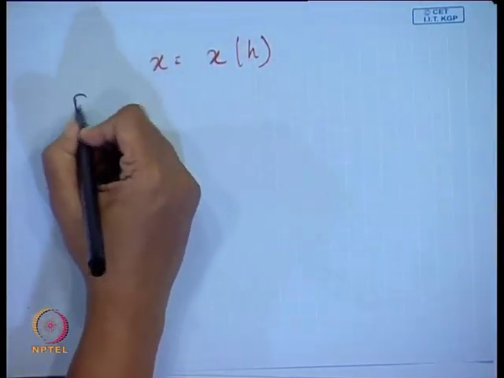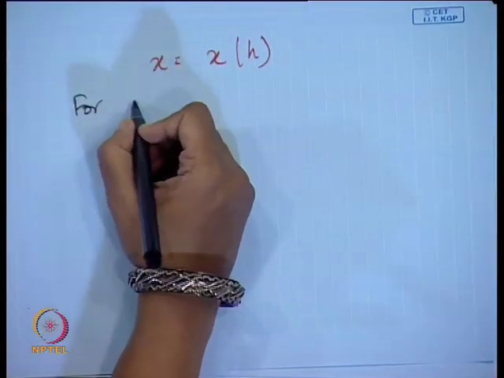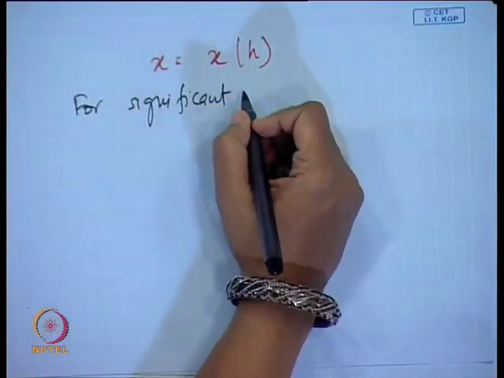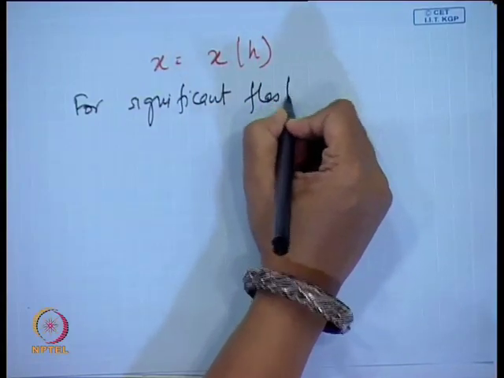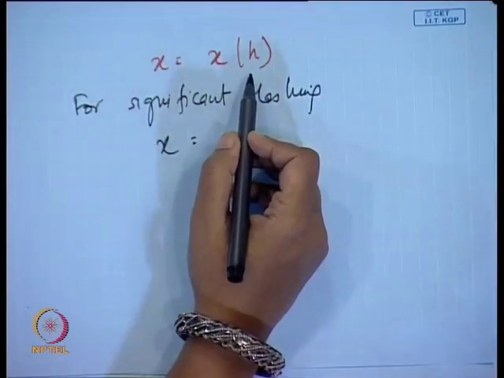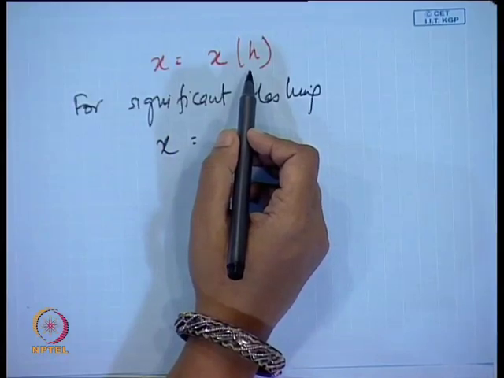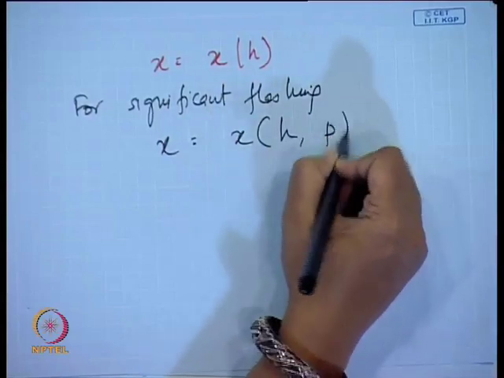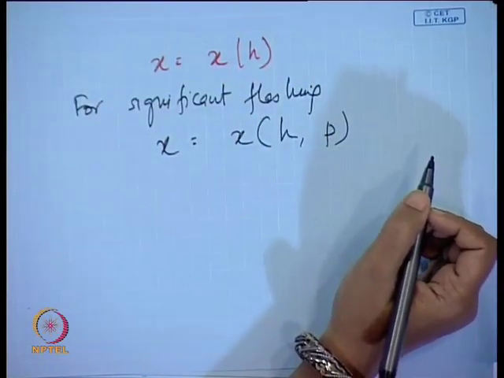For significant flashing, will x be a function of enthalpy only? Under that condition, it will be a function of both enthalpy as well as pressure, right.